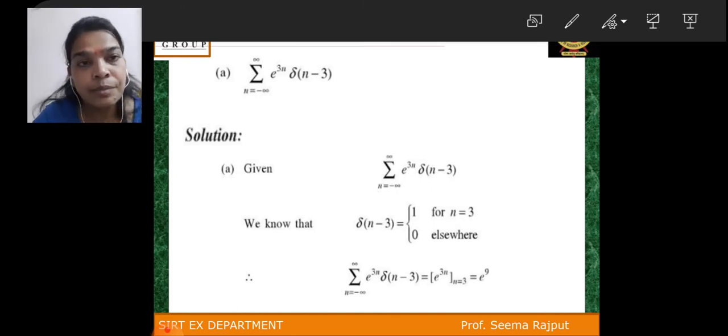In that case, in place of del n minus 3 we have to put 1, because del n minus 3 equals 1 for n equal to 3. In that condition, the summation n equal to minus infinity to infinity of e to the power 3n del n minus 3 is equal to e to the power 3n only, and in place of n we put 3.